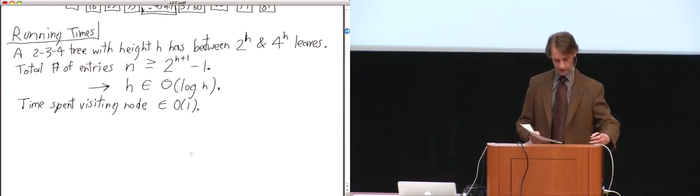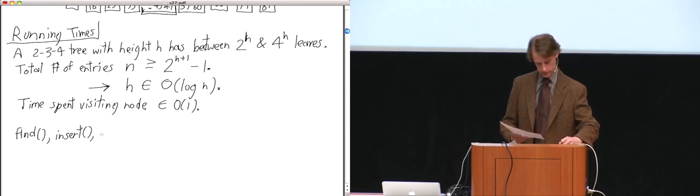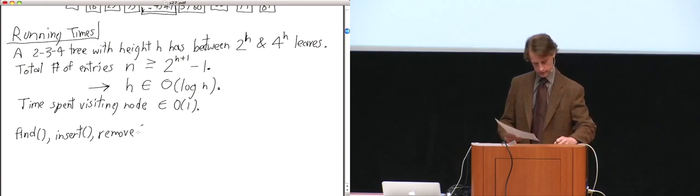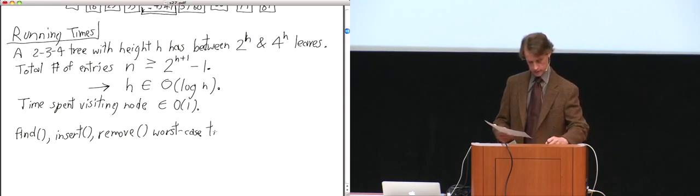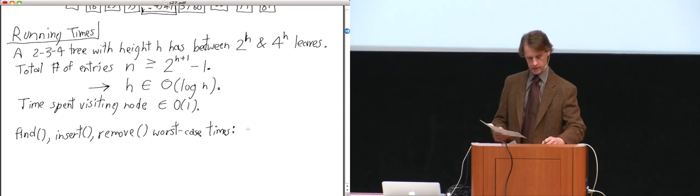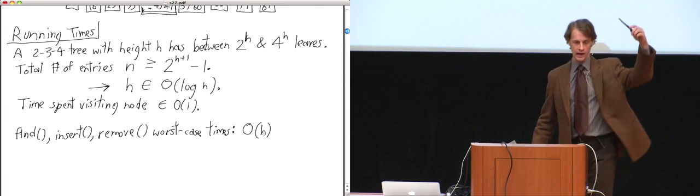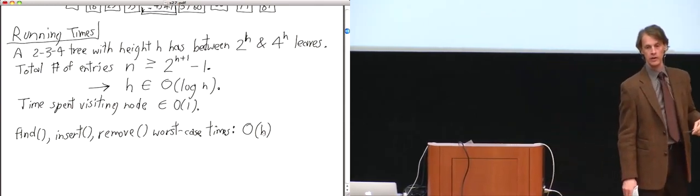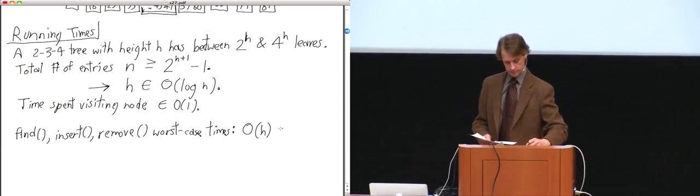And so that's why find, insert, and remove all have worst case times in big O of log n. It's because the running time is big O of the height of the tree. The height of the tree tells you how much work you'll have to do to insert or remove or find something. And we know that's no bigger than log of n.